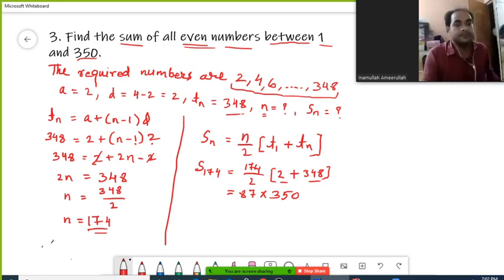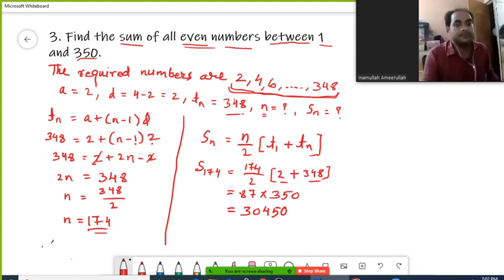So 87 into 350 is 30,450. So the sum of all the numbers from 2 to 348 is 30,450.